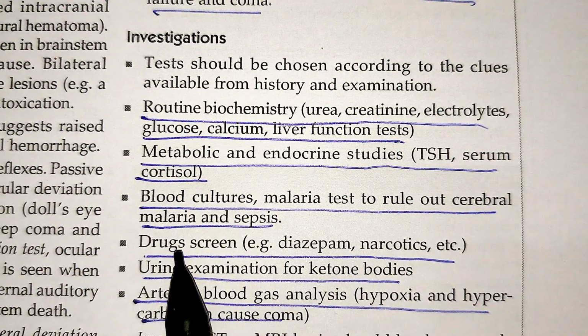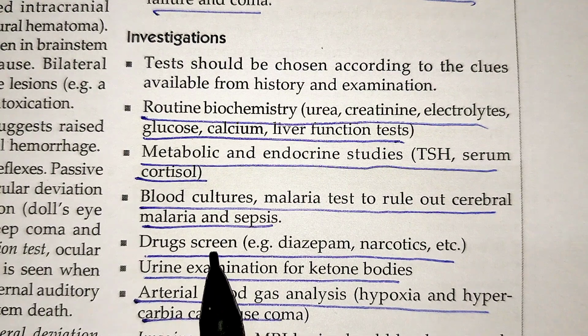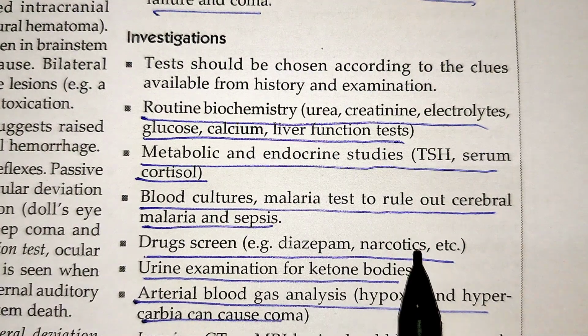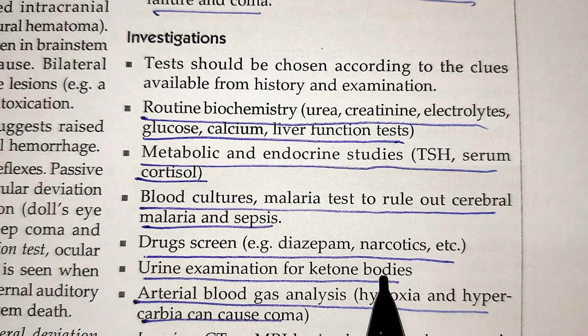We should screen for drugs in the blood like diazepam, narcotics, urine examination for ketone bodies, arterial blood gas analysis to rule out hypoxia and hypercarbia.